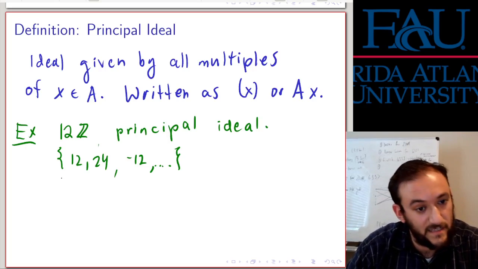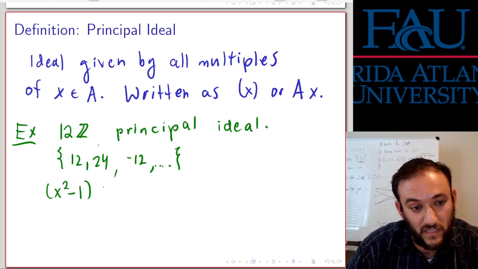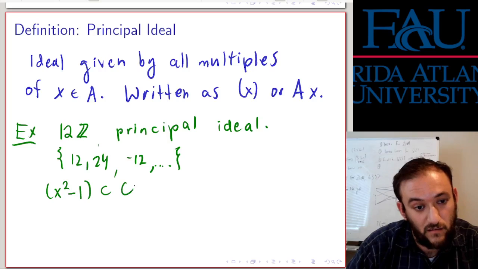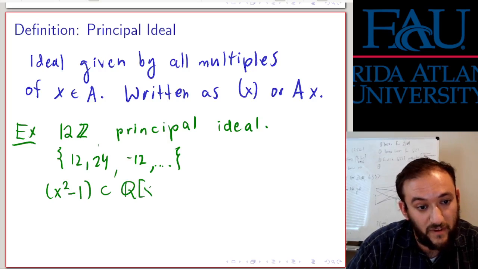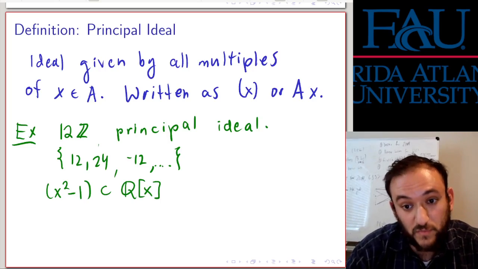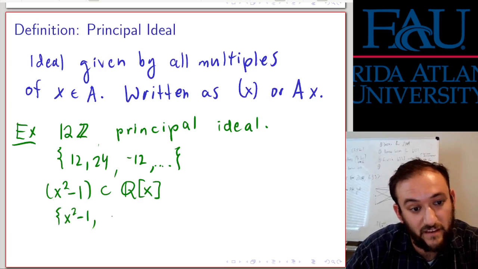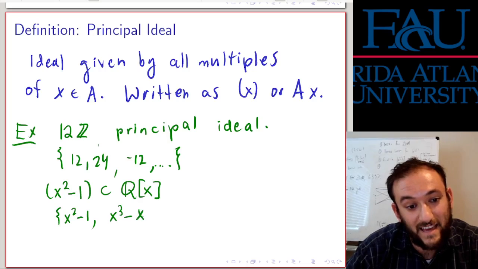Another principal ideal is all multiples of x squared minus 1 in the ring of polynomials with rational coefficients. Here it's all polynomial multiples, so you'll have x squared minus 1, but you'll also have x cubed minus x.